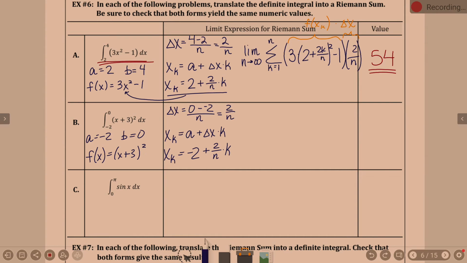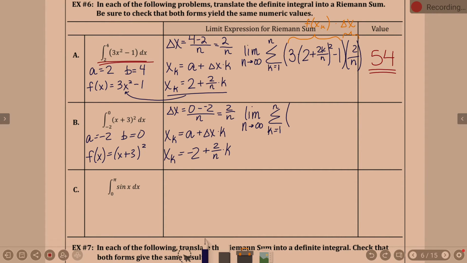Okay, you ready to write your limit? Stop me if I move too fast. Limit as n approaches infinity of the sum from k equals 1 to n. Typical Riemann sum beginning.